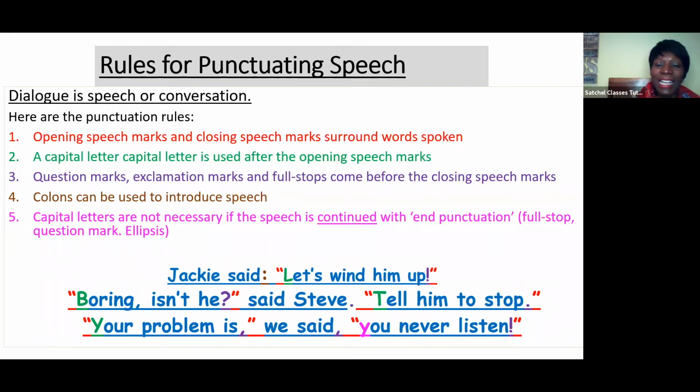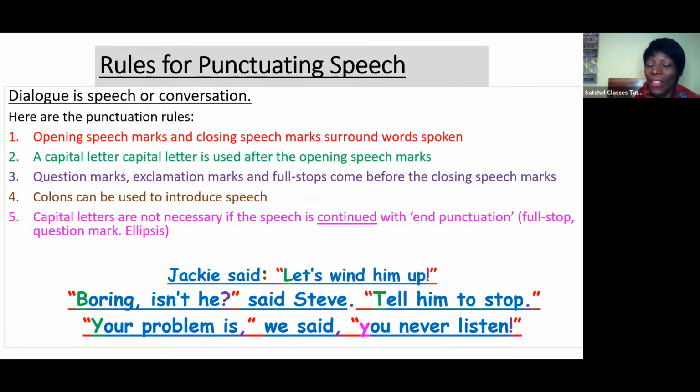So the exclamation mark, the question mark, full stop, they're all tucked in before the closed speech marks. We can see, as we said earlier, that the colon can be used to introduce the speech, when Jackie said, "Let's wind him up." You can see the colon there. And then if we don't have a full stop and we have the continuation of speech, "Your problem is," we said, "you never listen."